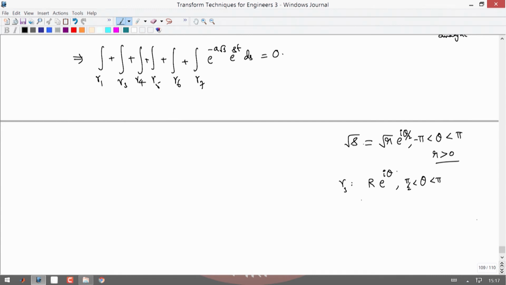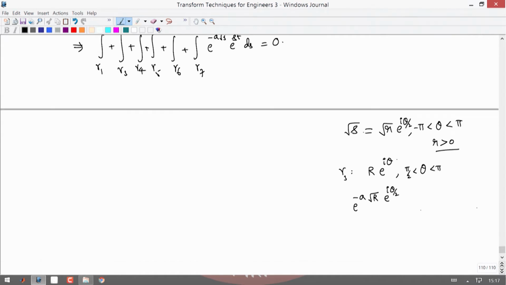Now, what is your integrand? It is e power minus a times root s, where s is this, okay. Root s is root of r times e power I theta by 2. And what happens to e power st?